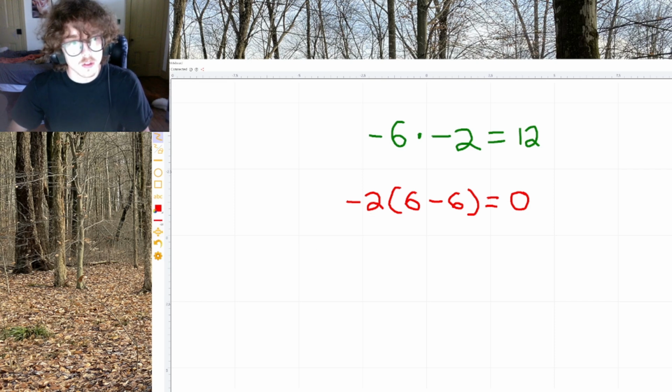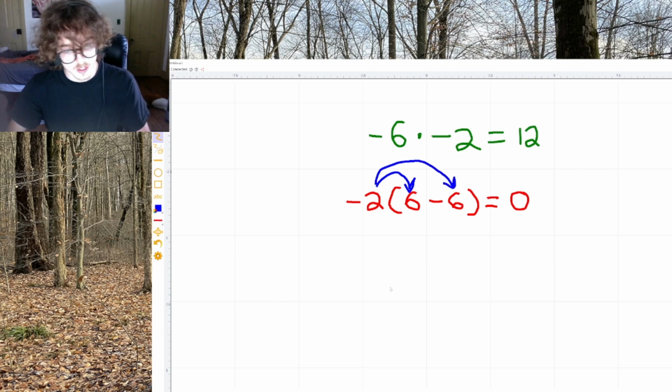So I'm going to do an operation in algebra that you can do called the distributive property. Now what this does is says, okay, if I'm multiplying something in parentheses, I can multiply it to every added or subtracted term. So I can go like this. I can multiply in to both the 6 and the negative 6.